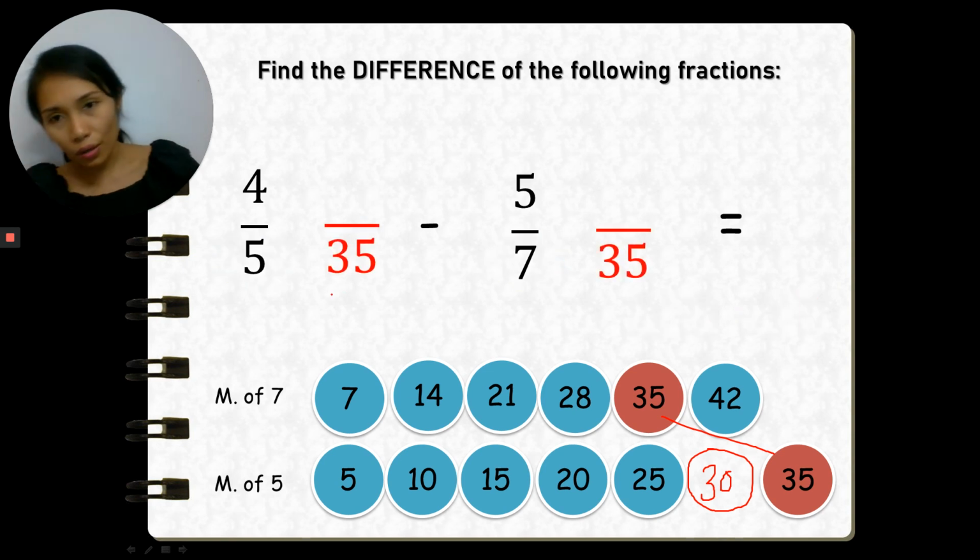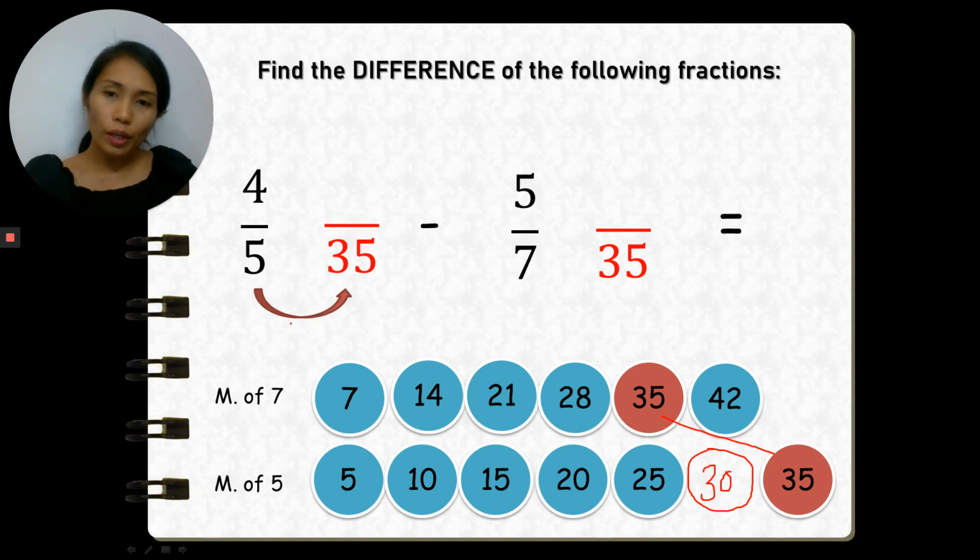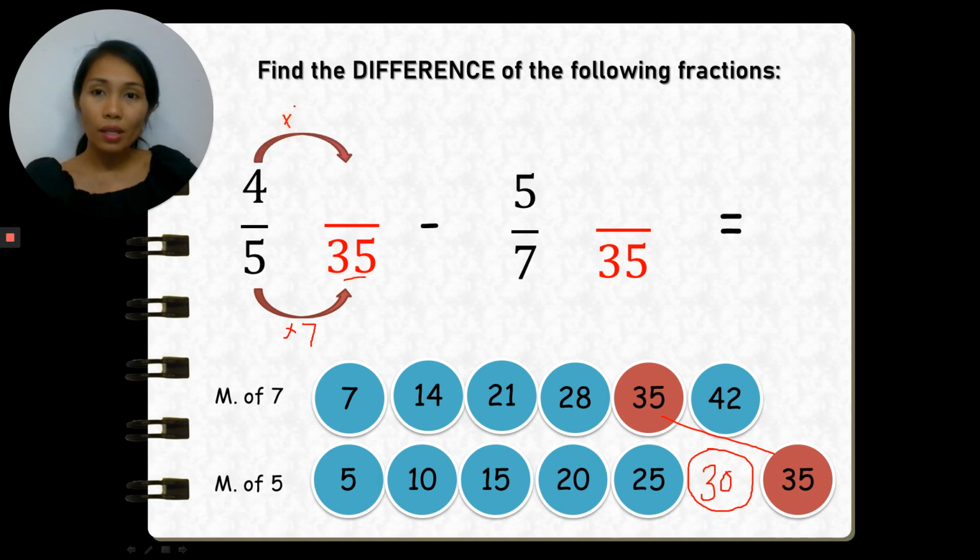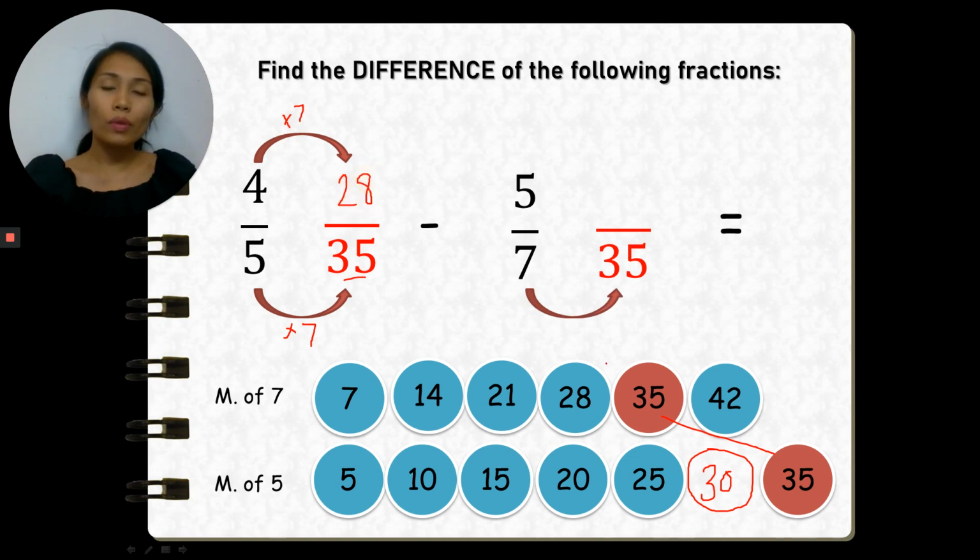So what factor are we going to multiply to 5 to get 35? 5 times 7 equals 35. So we do the same with the numerator: 4 times 7 equals 28. Now with the other fraction, 7 times 5 equals 35. We do the same with the numerator: 5 times 5 equals 25.